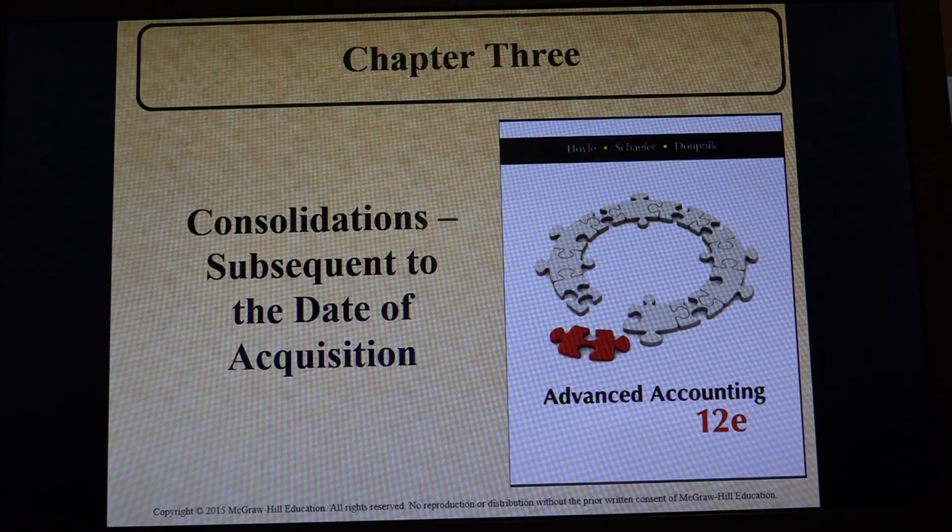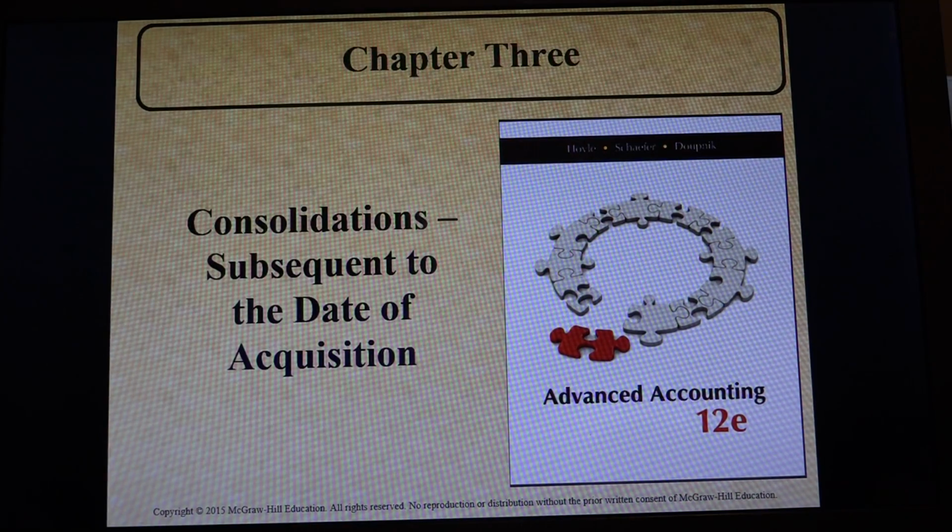Well, what happens is, whether it's 1 year, 5 years, with the passage of time, several things happen. And so this passage of time complicates matters because you have other things that occur. Income in the subsidiary occurs. Dividends occur, amortization occurs, depreciation occurs.